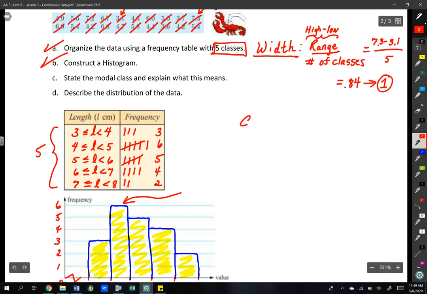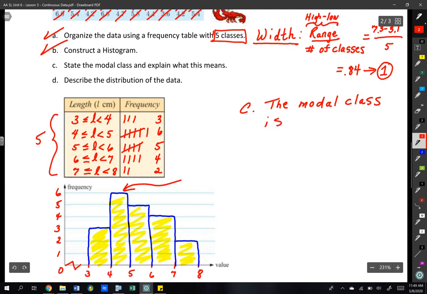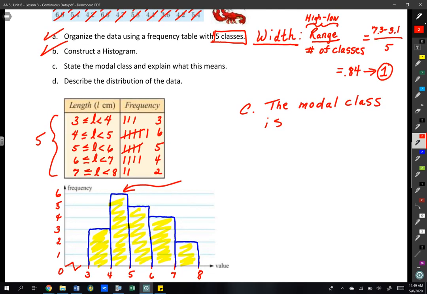So for letter C, the modal class, what is the mode? And that's going to be our second class interval, which is between 4 and 5. What does this mean? This means that more lobsters have lengths in this interval than any other.